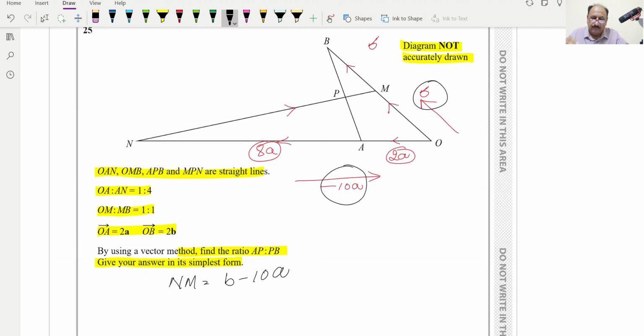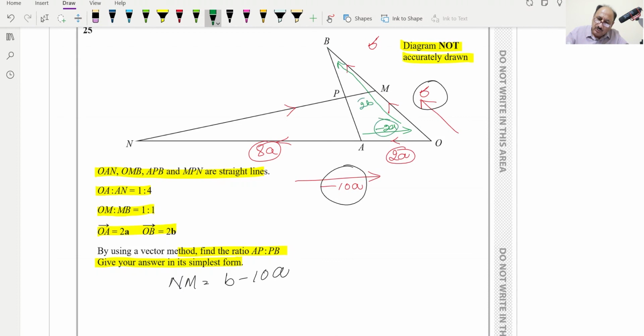This is NM. Now we can write AB also. If we join AB, AB is basically already joined. We can take this route: this will be minus 2a, and then this route, this will be 2b.